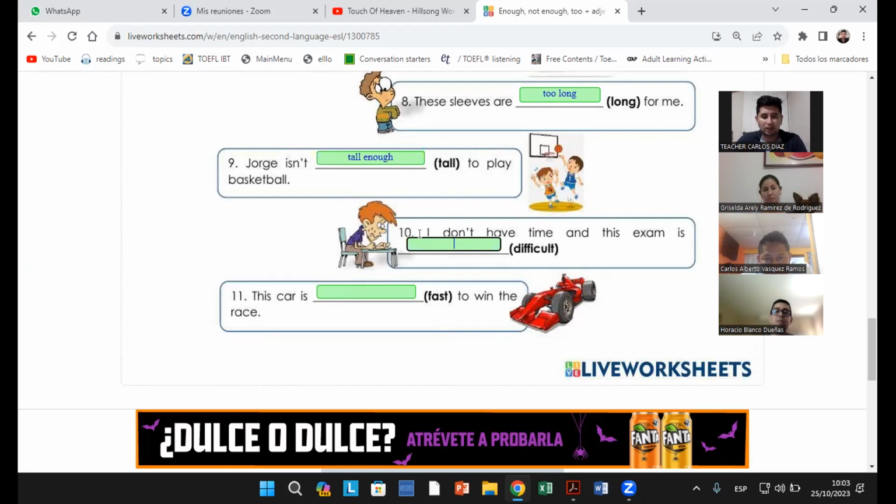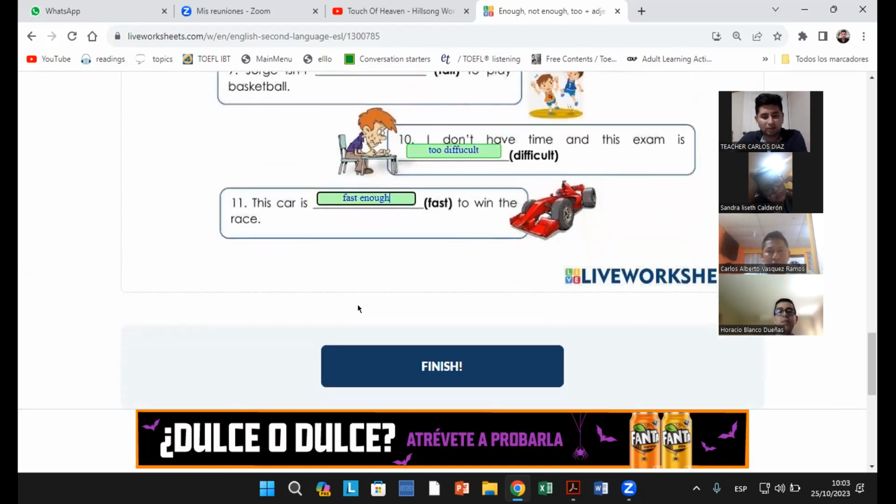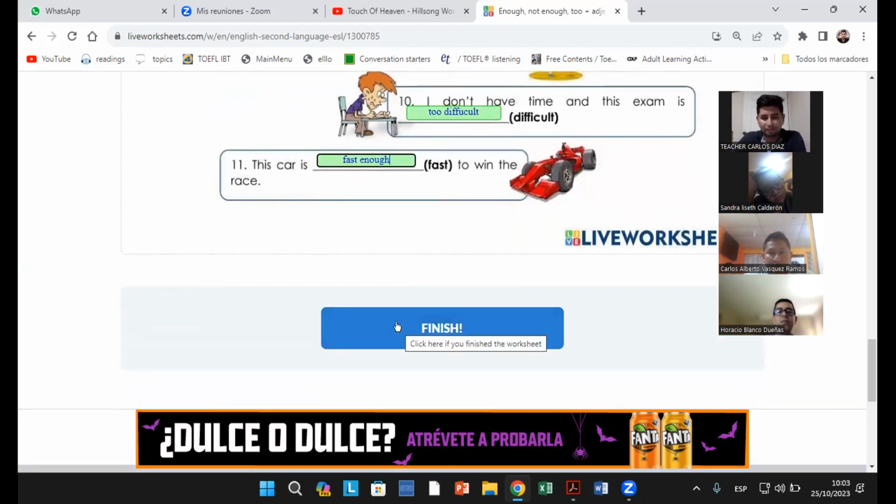And number 10, I don't have time and this exam is too difficult. Correct, Sandra. Too difficult. And the last one, this car is fast enough. Yes. What do you think we have? 9 or 10? 10.